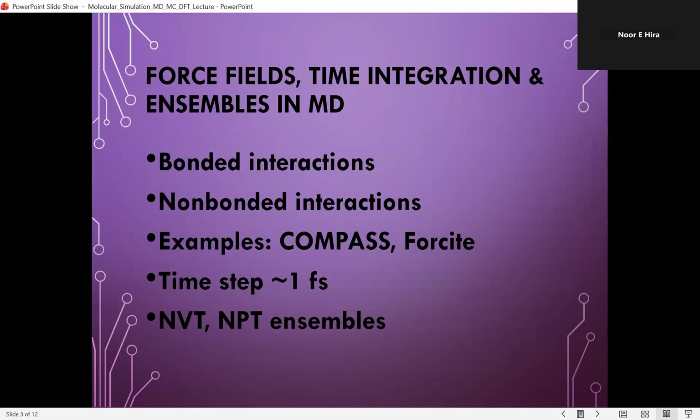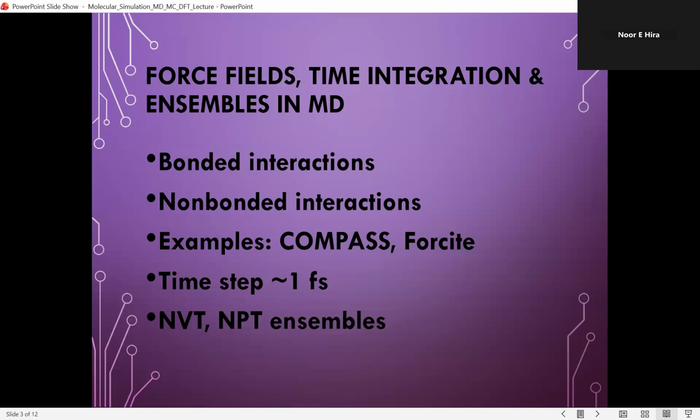As I already mentioned in the previous video, the force field describes how atoms interact through bonded interactions such as bond stretching, angle, and torsional angle, and non-bonded interactions, including van der Waals and electrostatic forces. Commonly, force fields used in molecular dynamics simulation are COMPASS, Forcite, and also UFF, but I haven't mentioned them here. The other thing that is important is the time step.